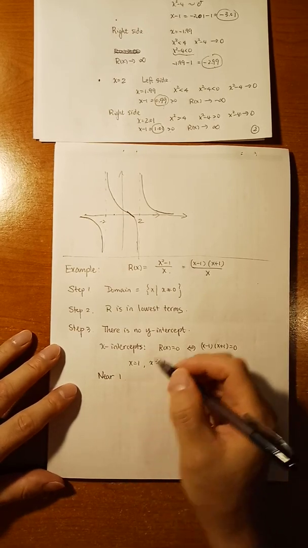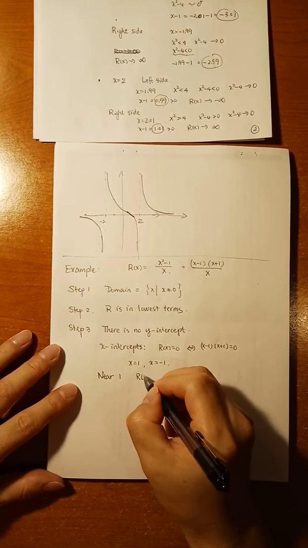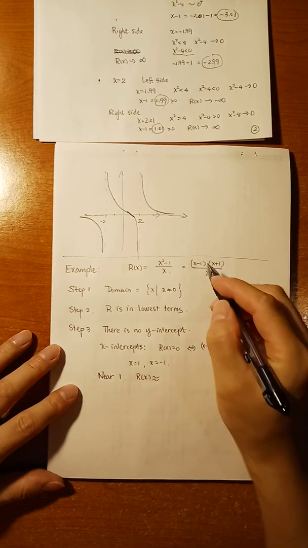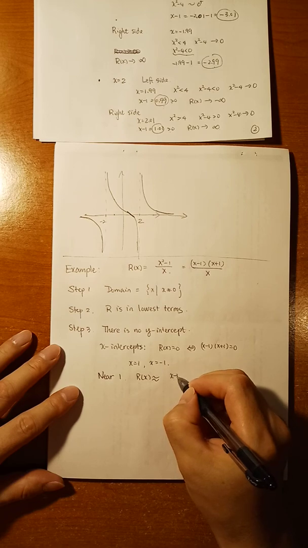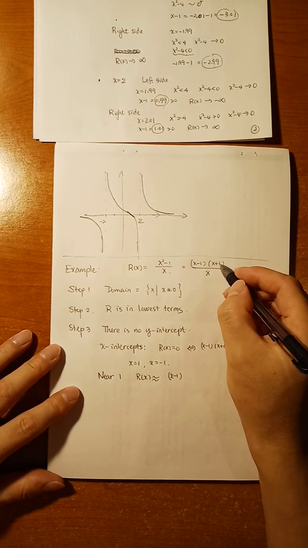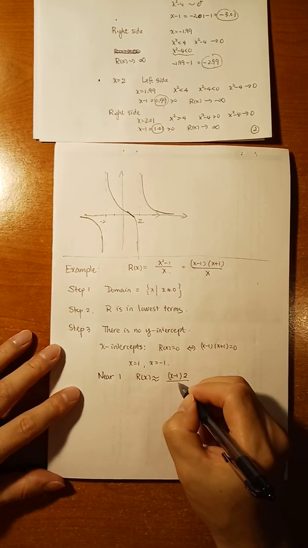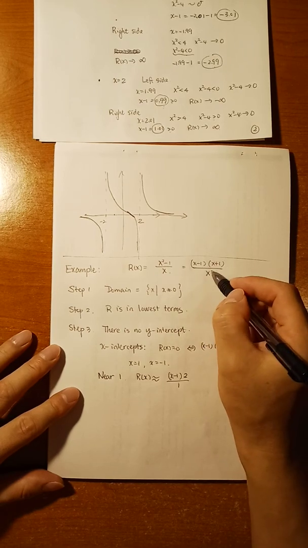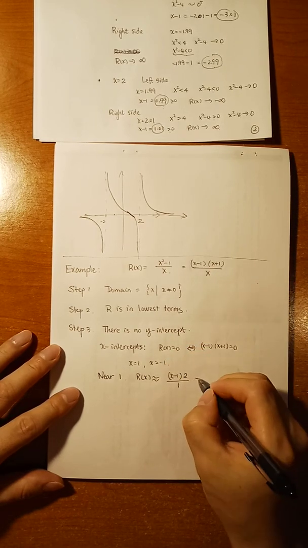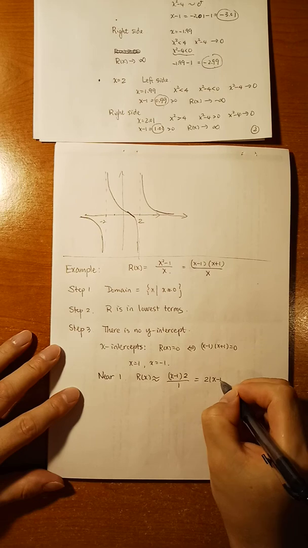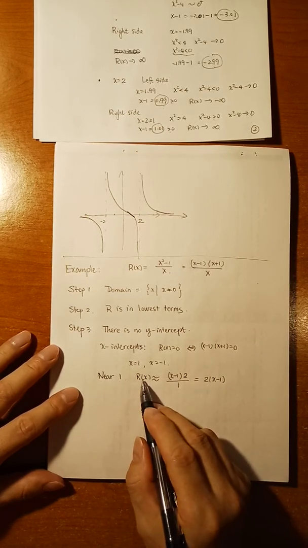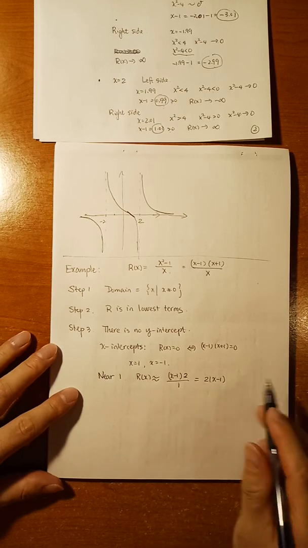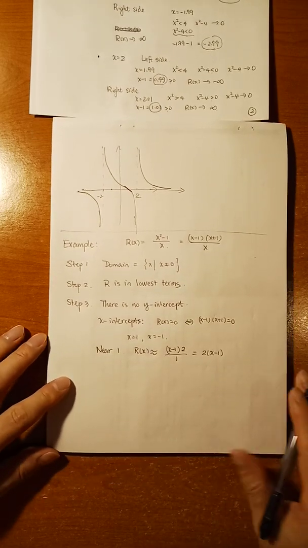Near 1, r of x is almost, okay, 1 comes from x minus 1, so you keep this x minus 1 term. And 1 plus 1 is 2 over 1. In the rest of the terms, you just replace x by 1. So it is 2 times x minus 1. So near number 1, the graph of the rational function is almost a linear function, 2 times x minus 1.